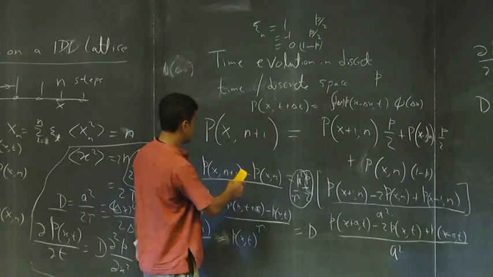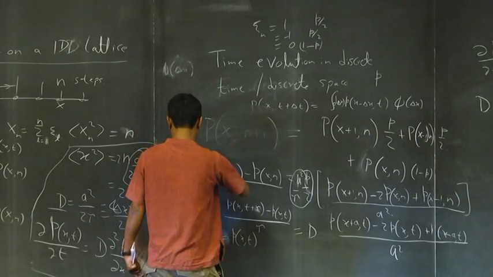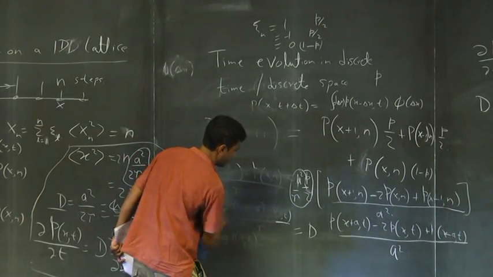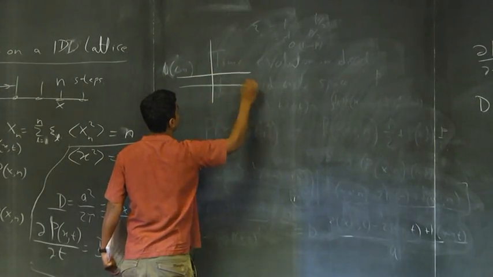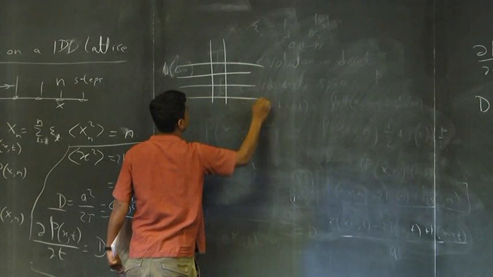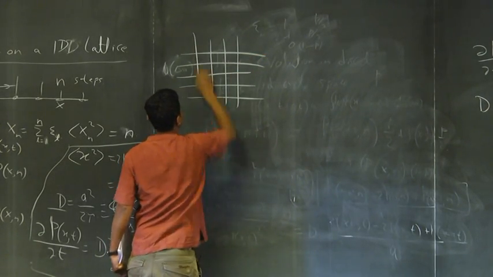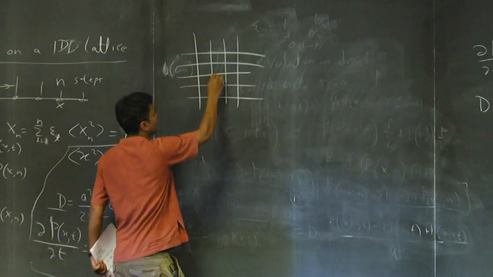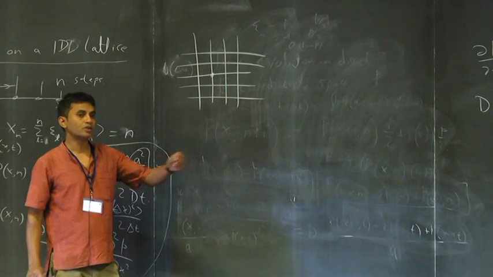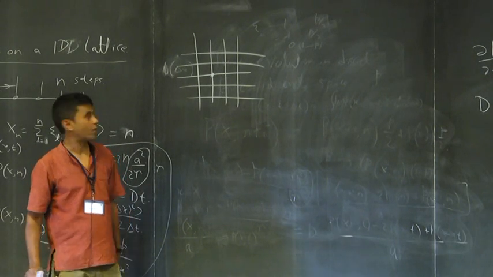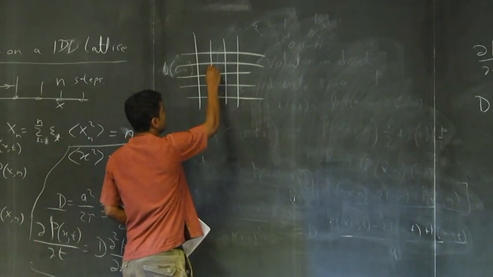I mean, let's just try to do it. Let's say a square lattice. Right, and you want to do the same business, like now you say that at each time you can go north, south, east, west with equal probability, right. So there are 4 ways you can go.